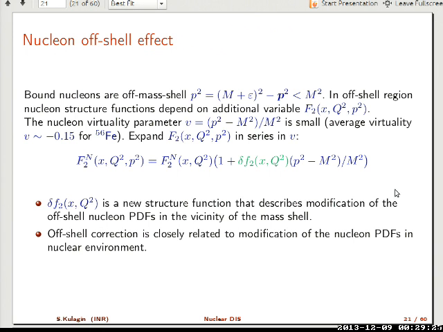One can try to model this in different models, but the approach we would like to take is to try to fix it from data by looking at the nuclear ratios, and parameterizing this function and trying to study this ratio and fix this off-shell correction from the data.